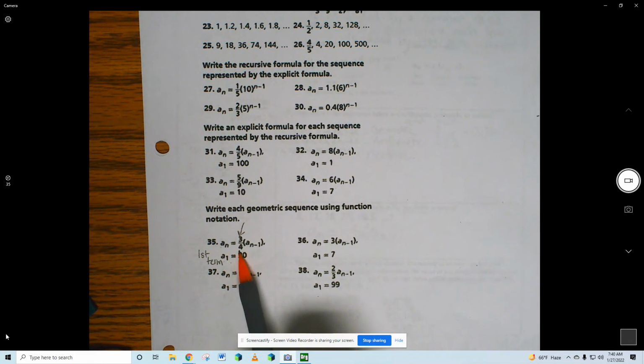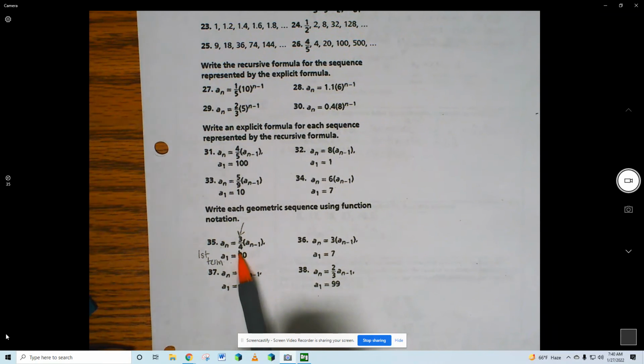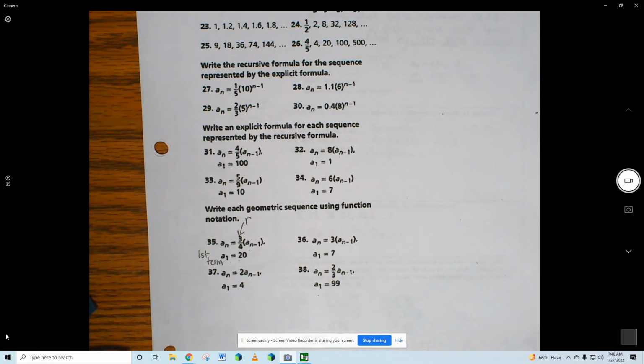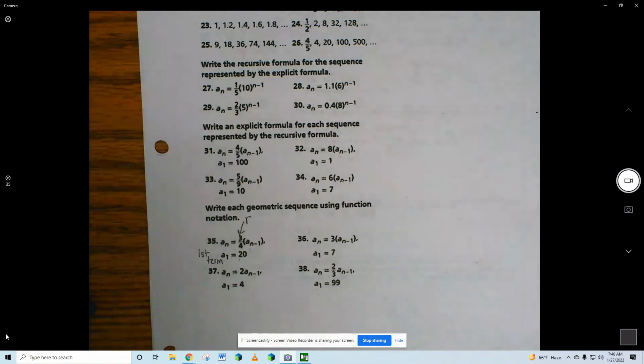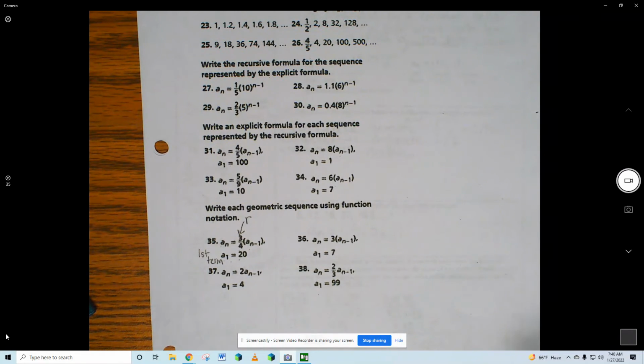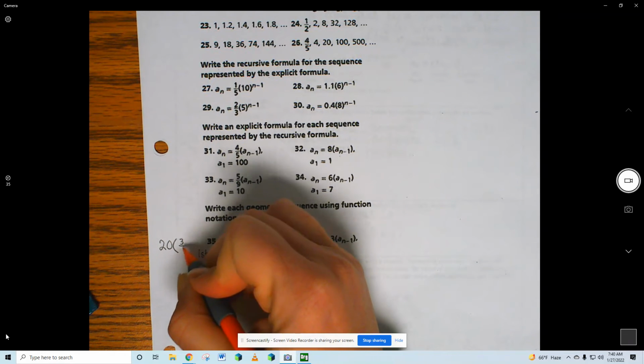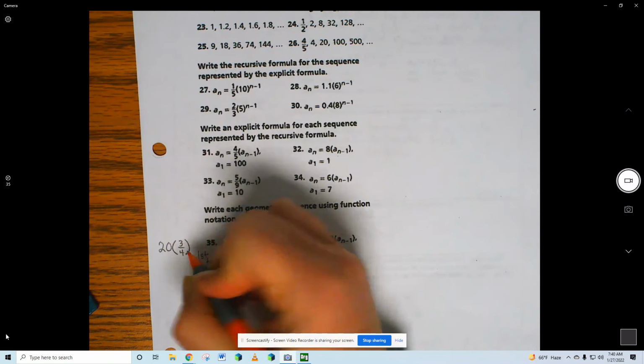So in this formula, 3/4 is going to be my what? Ratio. So put an R for ratio. So now I have to use the other formula, which is this. A sub 1, 20 times 3/4 to the n minus 1.